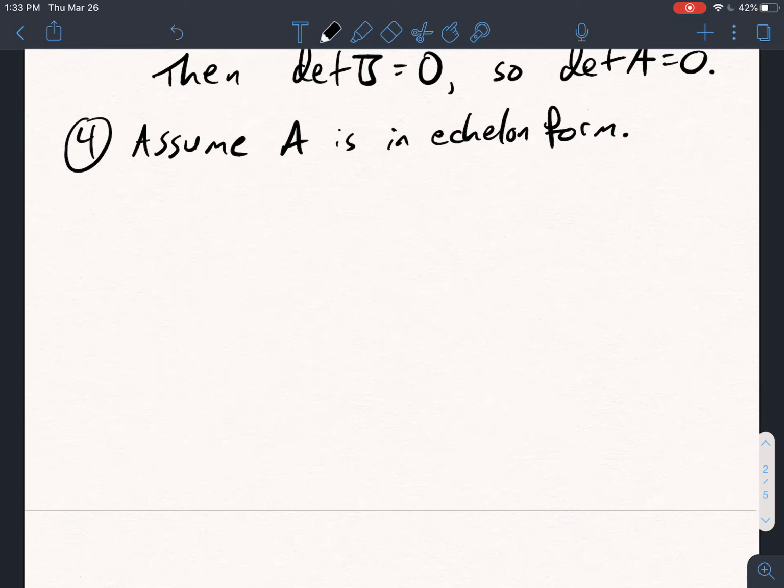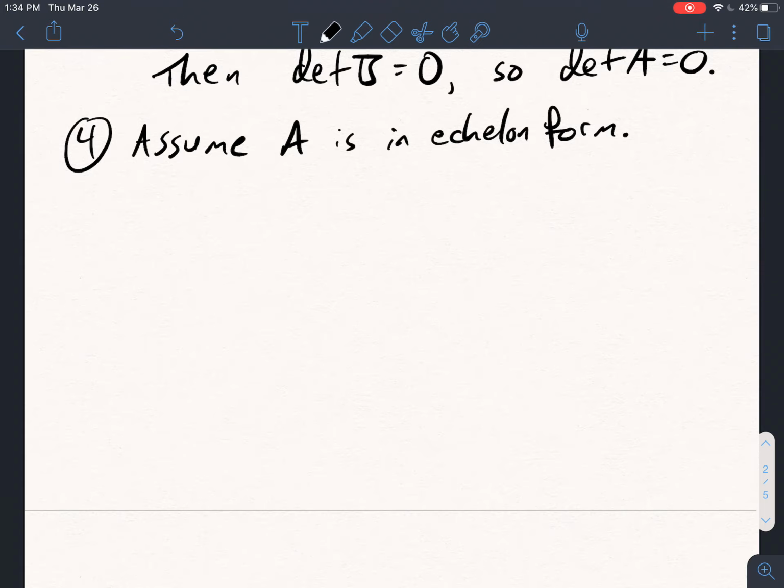That does not mean that it's the product of the pivots, but those end up being true if A is an invertible matrix, then the pivots will all be non-zero. So I can split this into two cases where all the pivots are not equal to 0, or the case where at least one of them is 0.